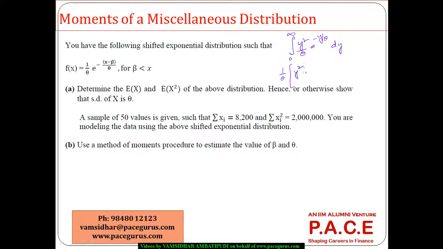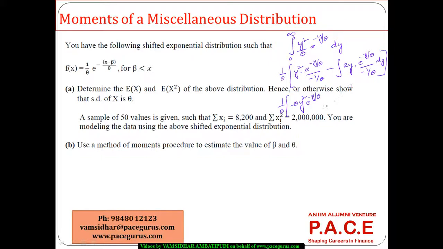The first term times the integral of the second term, minus the integration of the derivative of the first term times the integral of the second term. When you are doing it by parts, just be careful, doing it step by step. That's it. 1 by theta times, this becomes minus theta y squared e power minus y by theta.